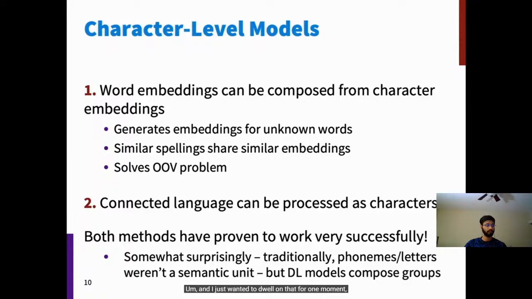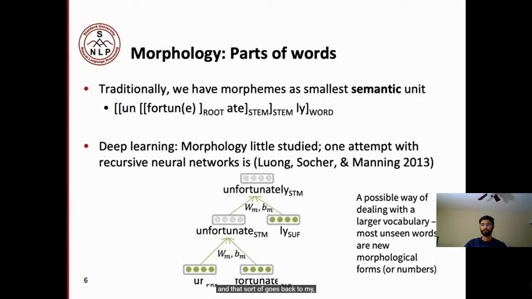And I just wanted to dwell on that for one moment, and that goes back to my morphology slide here. When people first started proposing that they were going to build deep learning models over characters, my first feeling was, oh, that is never going to work, because it seemed like words have a meaning. It makes sense that you can build a word2vec model, and that's really going to be able to see words and their distribution and learn the meanings of the words, because words have a meaning.